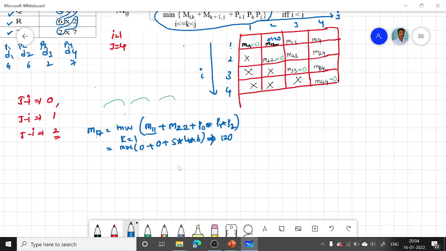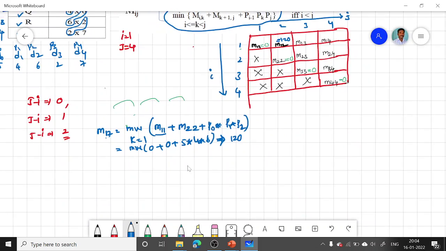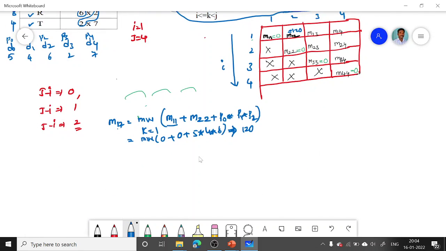Now, in the same way, you will go with the difference one. That is nothing but M of 2, 3. Nothing but minimum of, so better to change the pen color. M of 2, 3. So the minimum of the possibility of K is only 2.